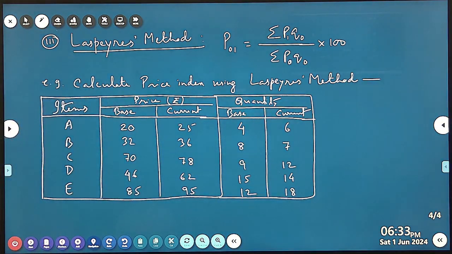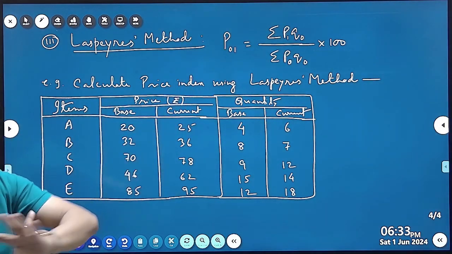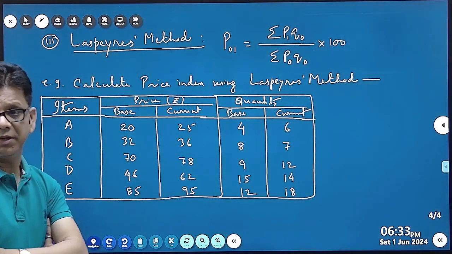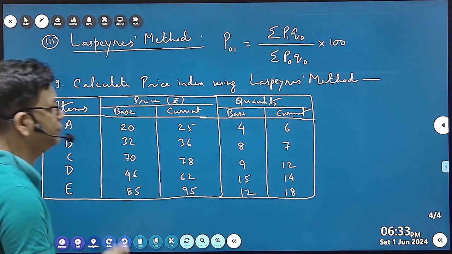So to go ahead, you look at this formula. You have to again calculate the price index, and if you see the sample questions, for this module the methods are actually mentioned. So you're asked to calculate the price index, the hike in the price by the Lespeyres method.